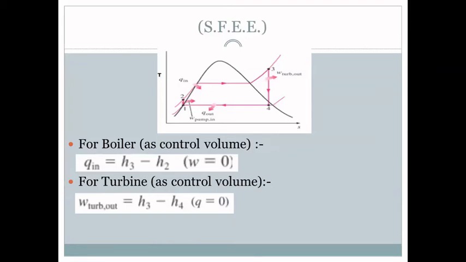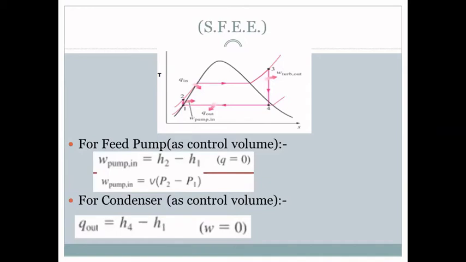Now we are going to apply the steady flow energy equation to the boiler, turbine, condenser, and pump. Applying this equation, we obtain these relations. For the boiler as a control volume, Qin is equal to H3 minus H2. For the turbine as a control volume, the output work of the turbine equals H3 minus H1, where Q equals 0.